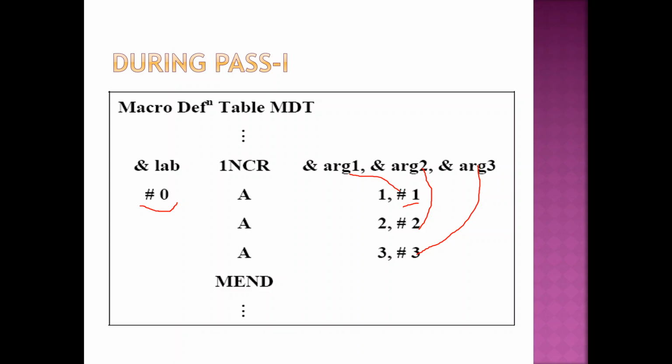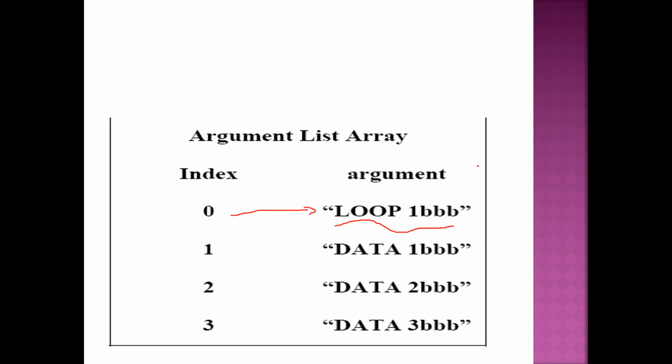With the same example, we are going to discuss the various cases. This is one of the data structures used in pass 1 and pass 2. It is nothing but the argument list array, ALA.